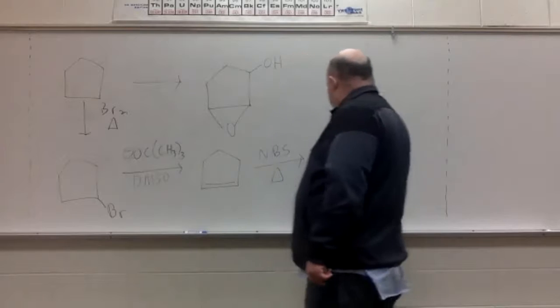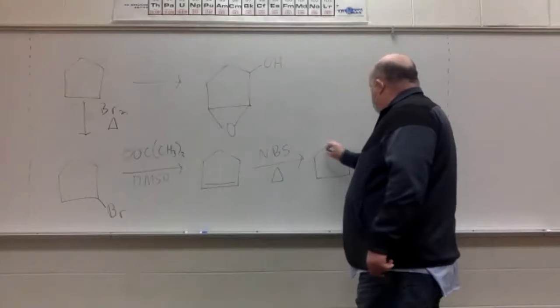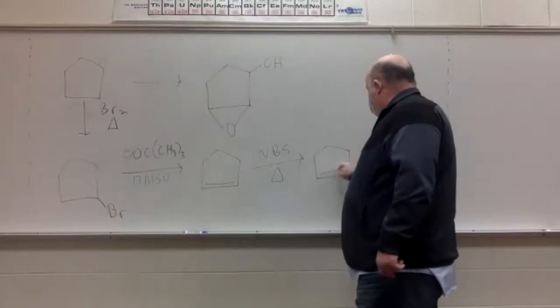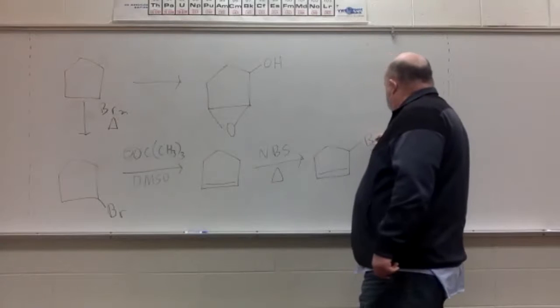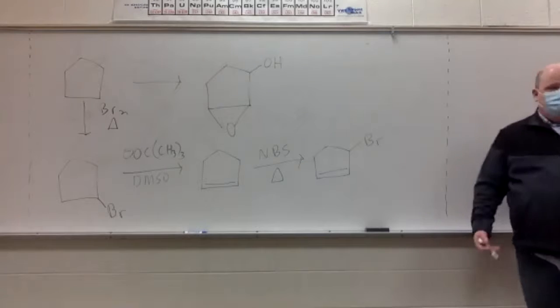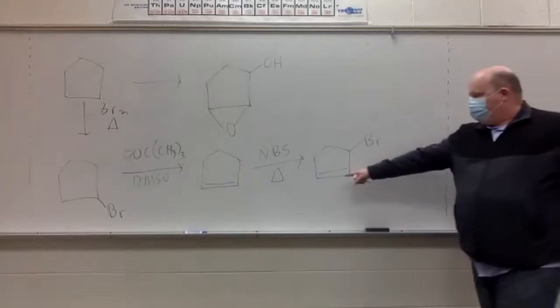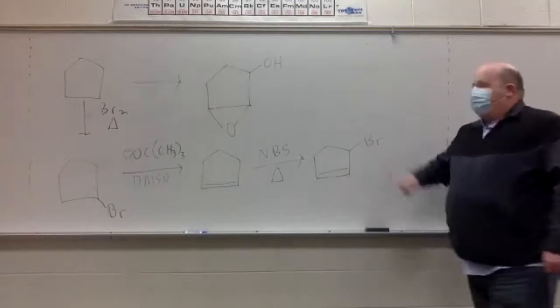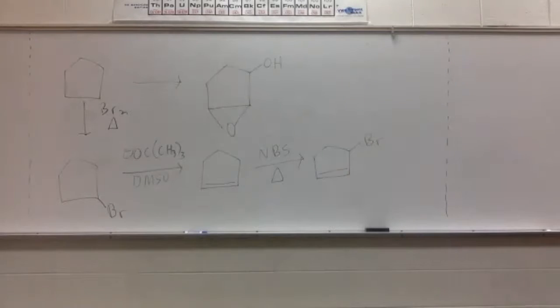You have NBS and heat. That will give you an allylic bromination. Now we're in good shape. We know we have a group we can make an epoxide out of, and we have something going on at the allylic position.